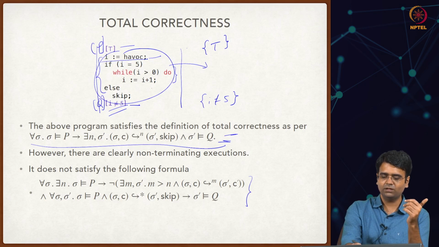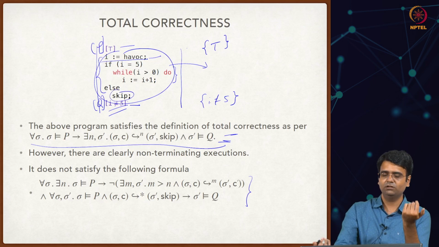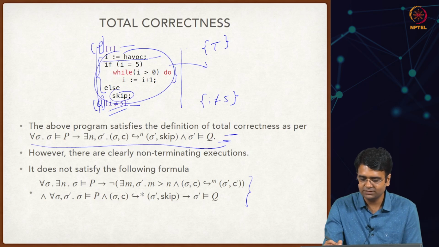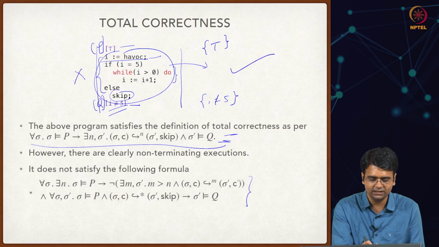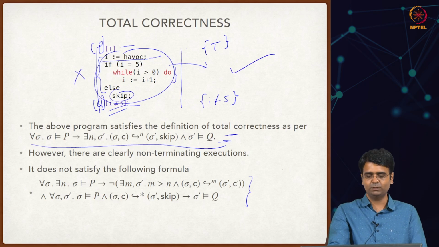Even though this program has non-terminating executions, when it does terminate, it will always terminate in a state where you go into the else branch, which means that I will not be equal to 5. So this program satisfies the partial correctness specification, but it does not satisfy the total correctness specification.